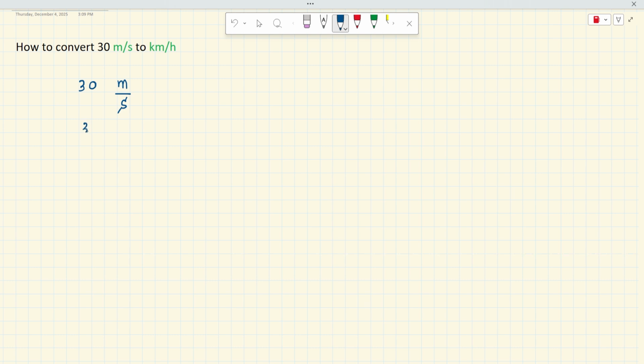How? 30 times, here numerator meters, so I write m, times seconds is the denominator, so this can be written as 1 over s. Now meters we have to convert to kilometers. You know 1000 meters equals 1 kilometer.